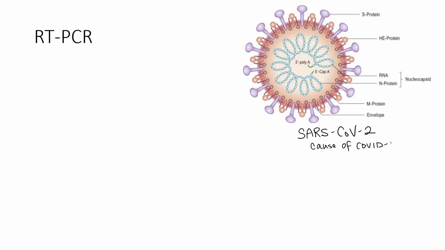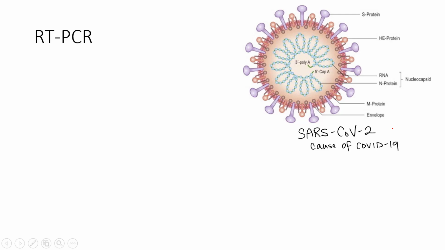So COVID-19 is the disease, and this is the strain, SARS-CoV-2. This is what the virus looks like. This is a schematic, a cartoon image, showing us what this virus looks like.